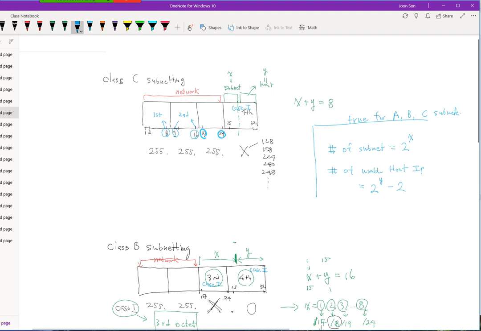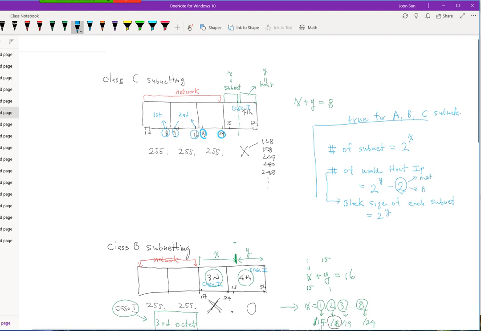And one more thing. From this, we know that the block size of each subnet, each apple box, is 2 to the Y. Of course, the minus 2 is 1 for the network address and 1 for the broadcast address.